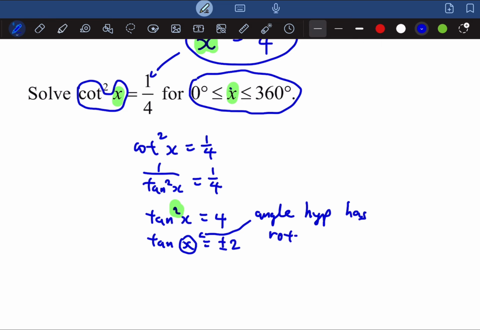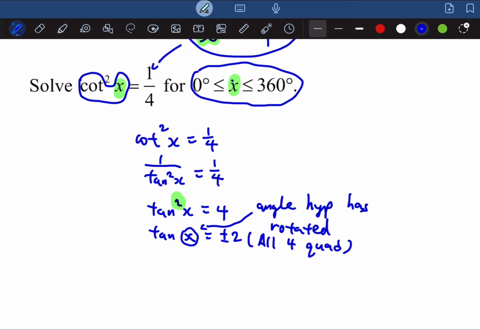This is very important. I've been saying that many times. And this plus minus means that all four quadrants, or right angle triangles, will be in. So for the first time, I will try to draw and show you. Which means that they are in all four quadrants.